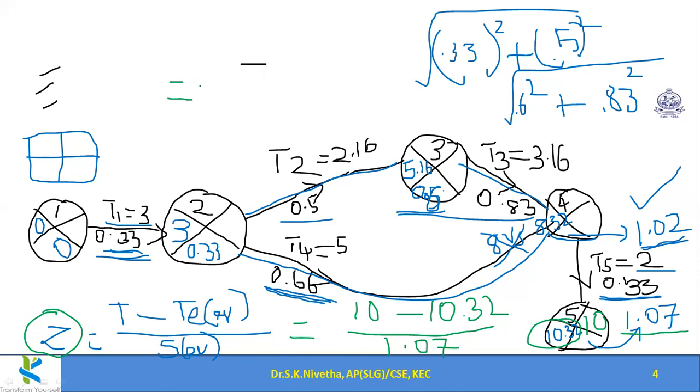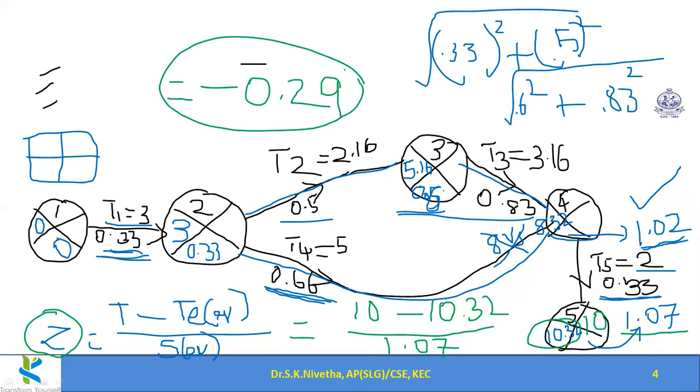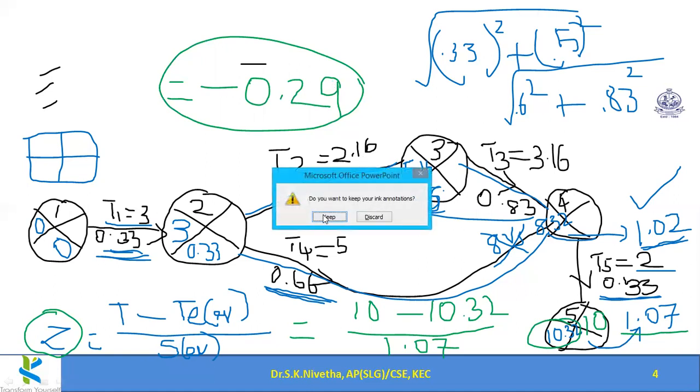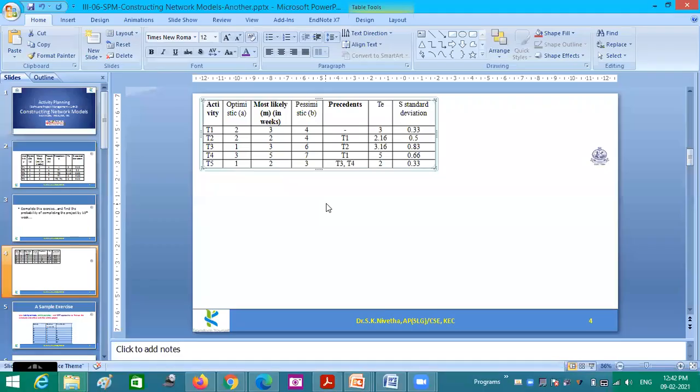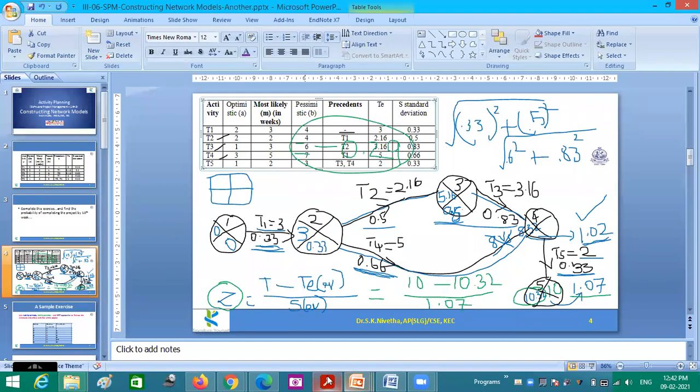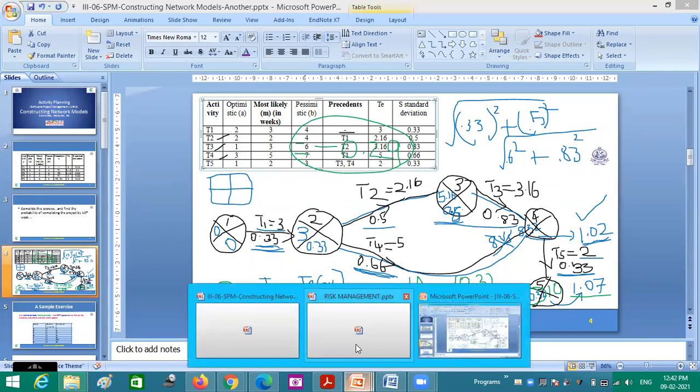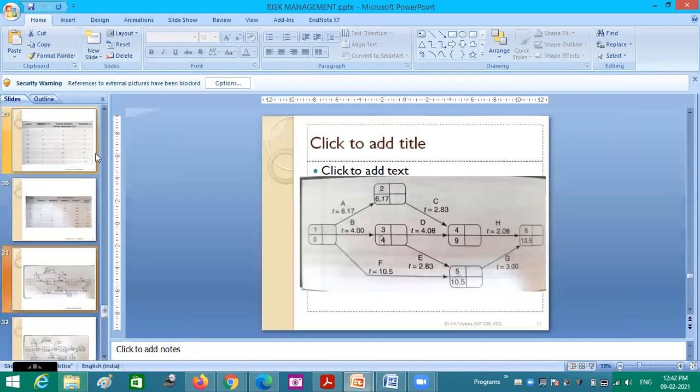Z equal to minus 0.29. Am I right? Okay, minus 0.29. Now we can cross verify this. We can use this with the chart.